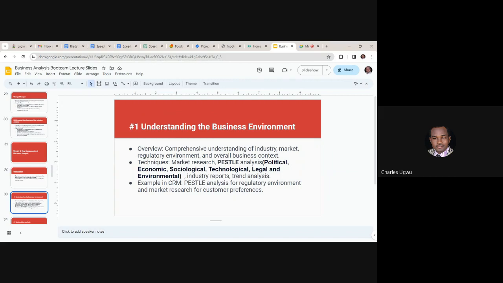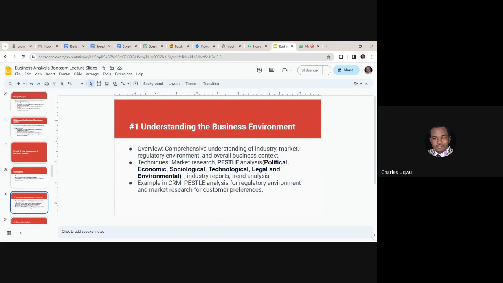Looking at this component, we are going to look at a brief overview of each component, techniques within the component, and a few examples. This is still, like I said, a high level. After this, we are going to jump into the details where we look at these techniques, how to do them, how to perform them.